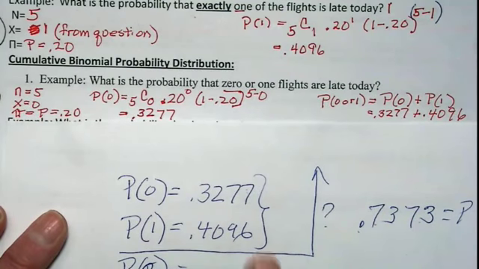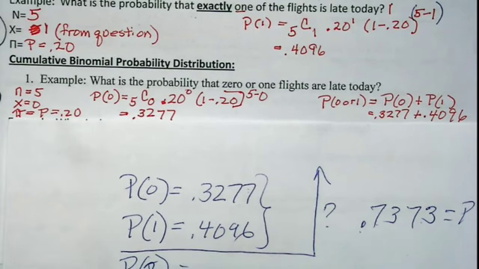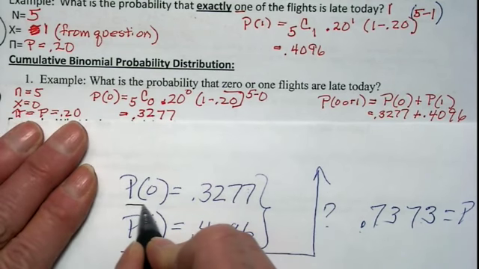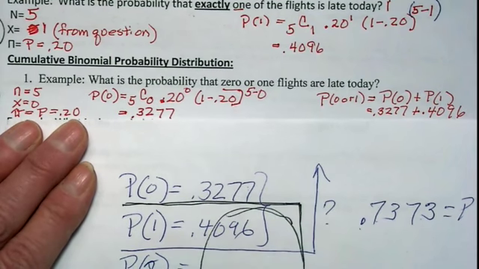Okay? This is called the cumulative binomial distribution. I could say to you, what's the probability of any flight being late? If I did that, let's use a different color. Any flight being late, I'm looking for this area. I'm looking for this probability.